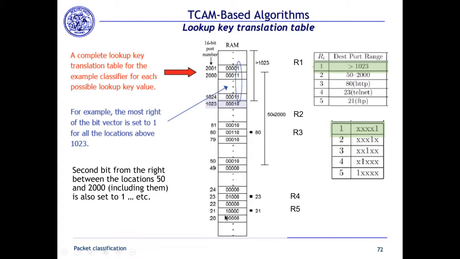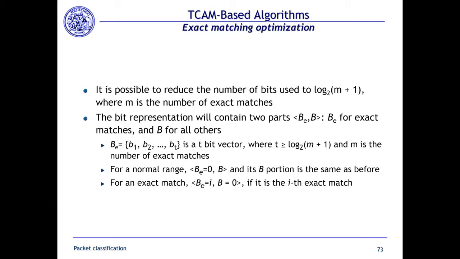So when we take the incoming packet, we extract the content of the second field, and we use it not directly to look into the TCAM, but first to look into this RAM. This RAM is basically an encoder which will convert it into the content corresponding to that position.